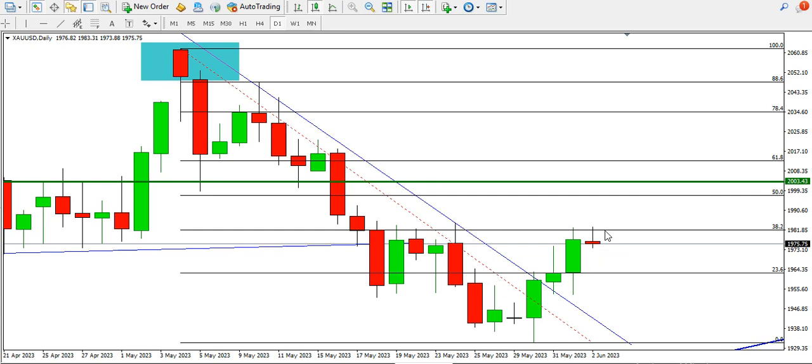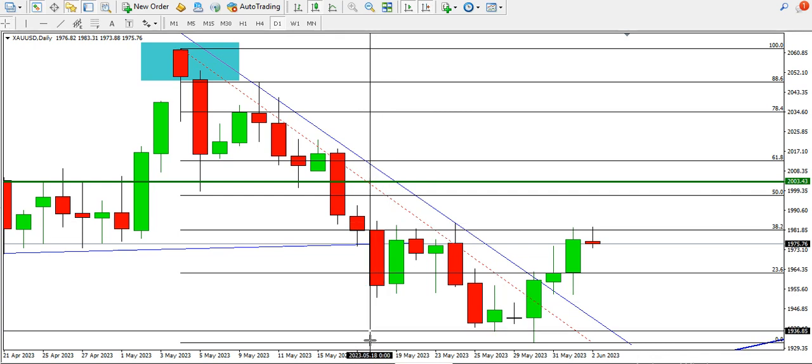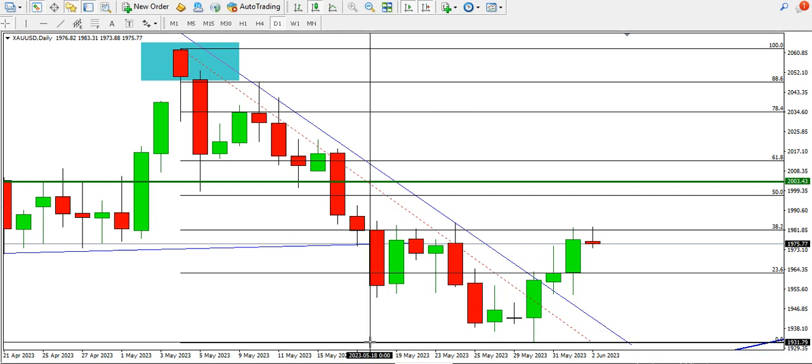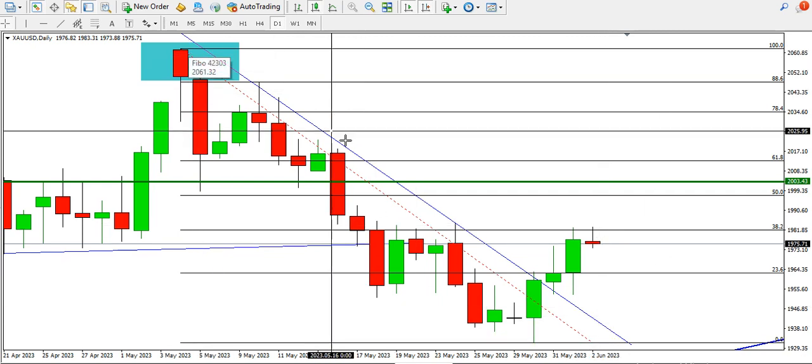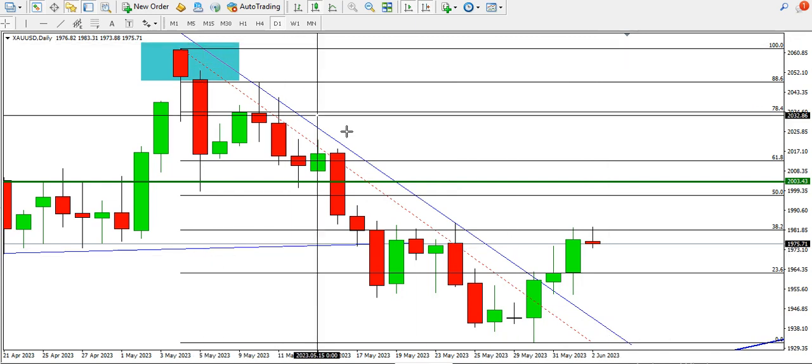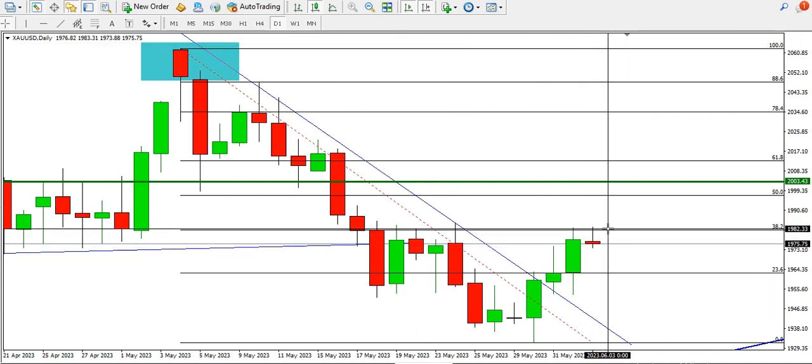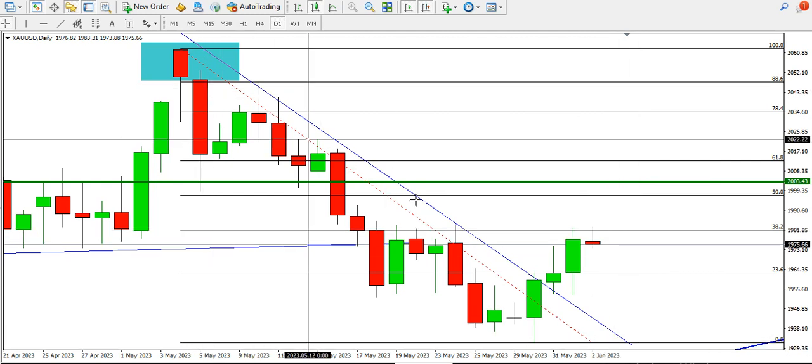If price is able to break below the 1931 structural level today, which is the NFP data release day, Friday, the 2nd of June 2023, then we have continuation of the bearish trend, and reversal at this 38.2% will signal a strong continuation of this current trend.